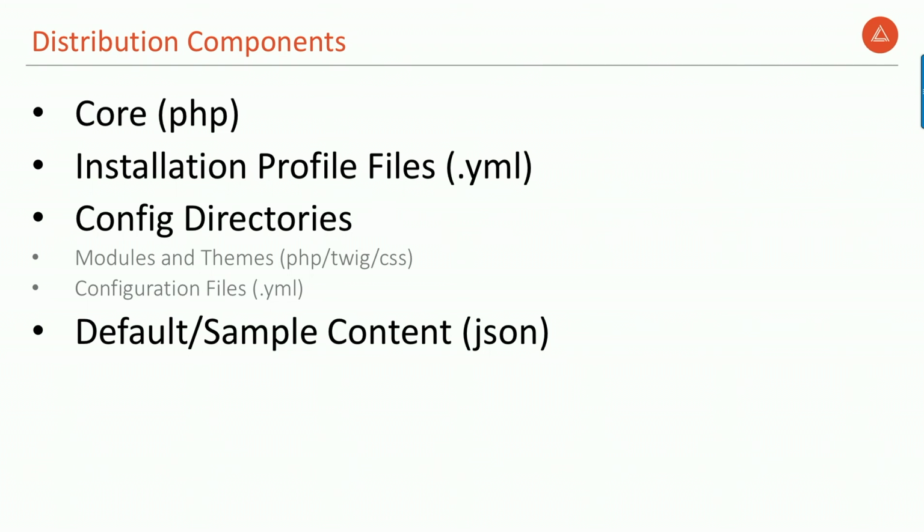Your config directories, and this is where you would store the modules and themes that are going to be packaged along with your distribution. In Drupal 8, now your configuration files, so all your configuration management stuff that defines your blocks and your content types and that type stuff.